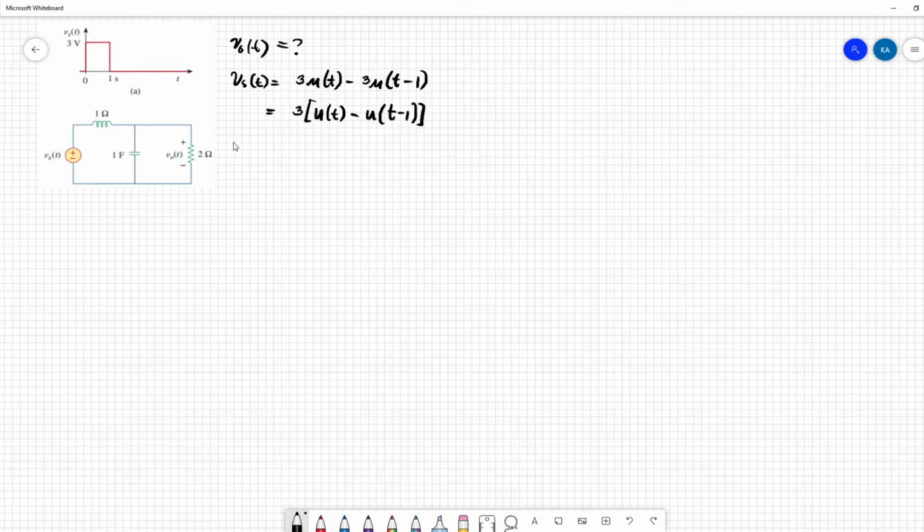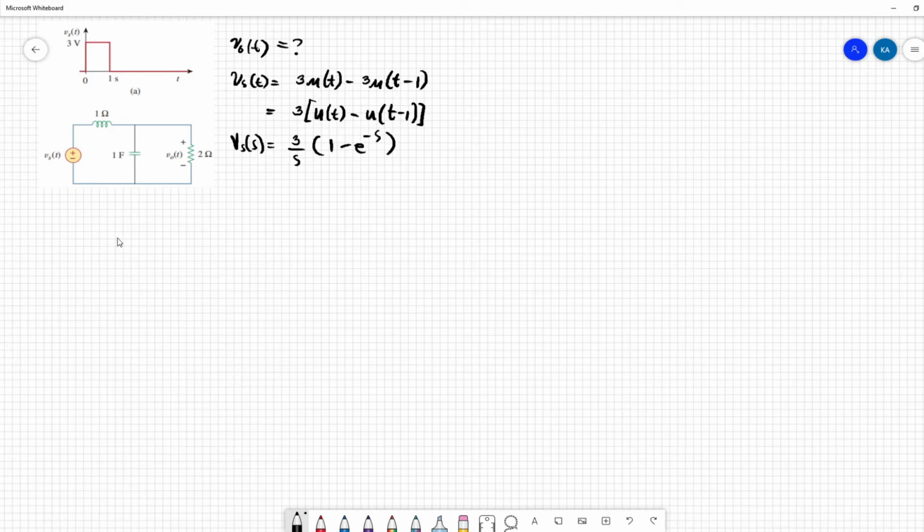Getting the Laplace of this function, Vs of s equals 3 over s times 1 minus e to the negative s.